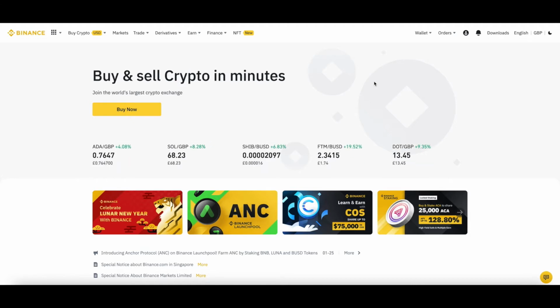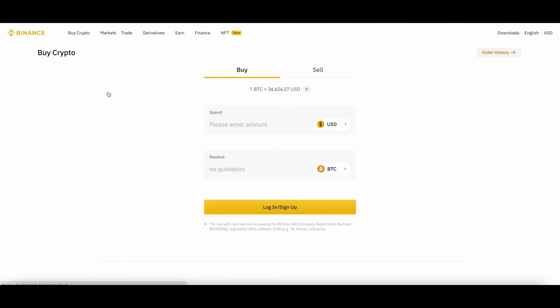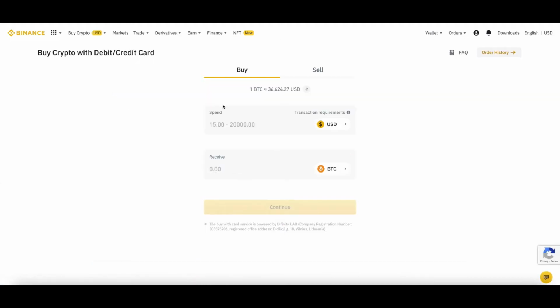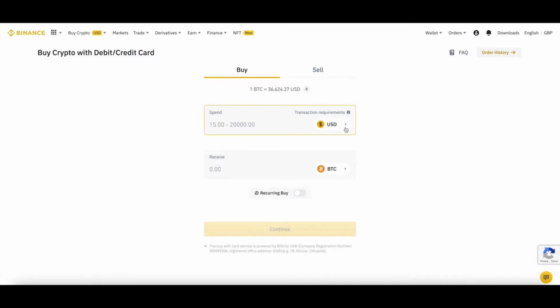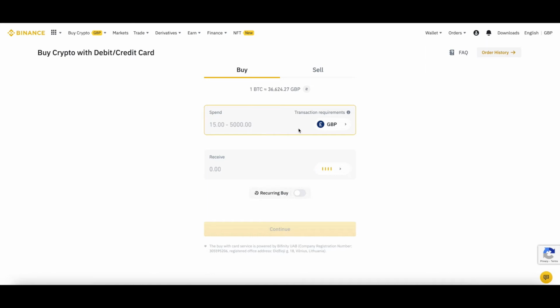Once that is done, if it is your first time in crypto and you haven't got any funds in any other wallets that you can transfer across, then you can come up here and buy crypto. Now you can come on to the credit or debit card bit here. It tells you the current price of Bitcoin in US dollars, and you can select whichever currency you want to transfer across.